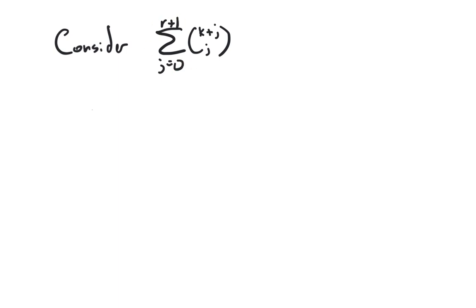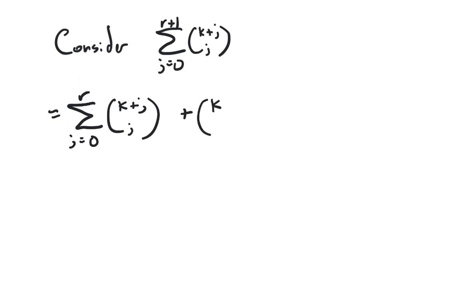We're going to use our inductive hypothesis, and it's going to be fairly straightforward here. So this is the same thing as the sum from j equals 0 to r of (k plus j choose j), and then we'll write the r plus 1th term separately. So that's going to be, where j is now r plus 1, k plus r plus 1 choose r plus 1.